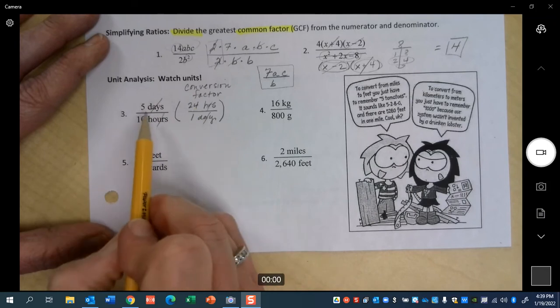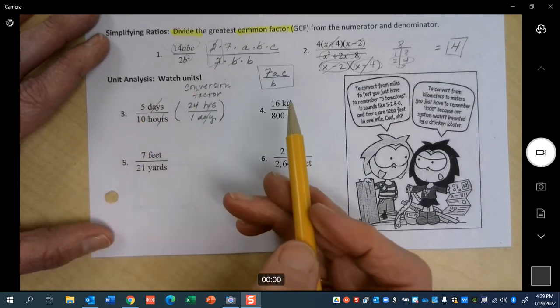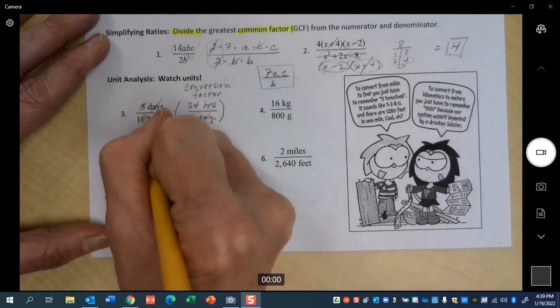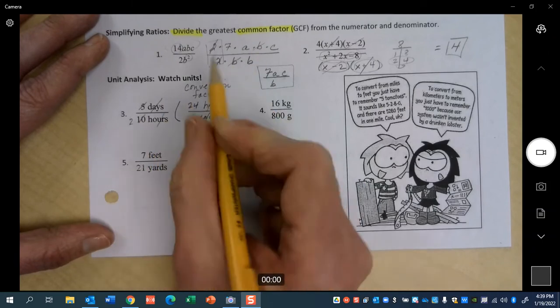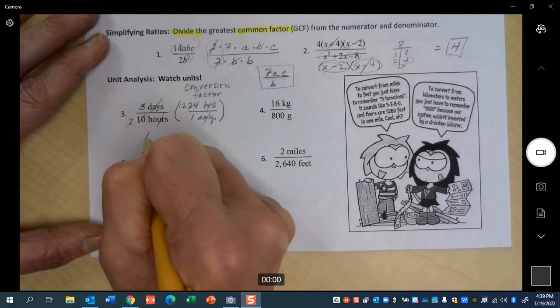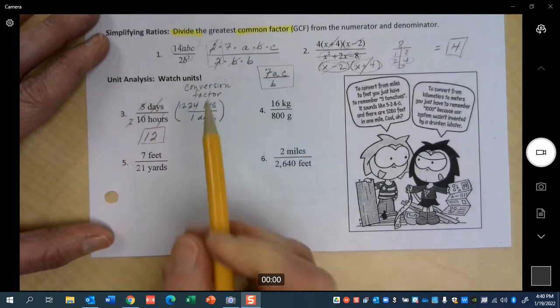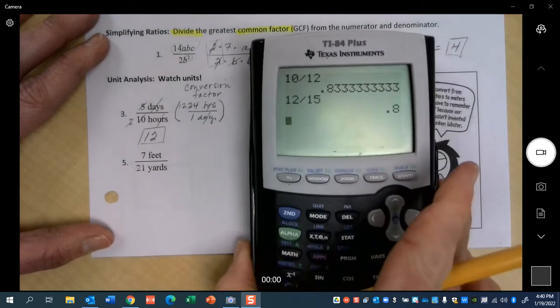Top times top, bottom times bottom, or you can cross cancel out some things that you know are true. I know that 5 goes into 10 twice. I know that 2 goes into 24 12 times. So this simplifies to 12. 5 days and 10 hours simplifies to 12.